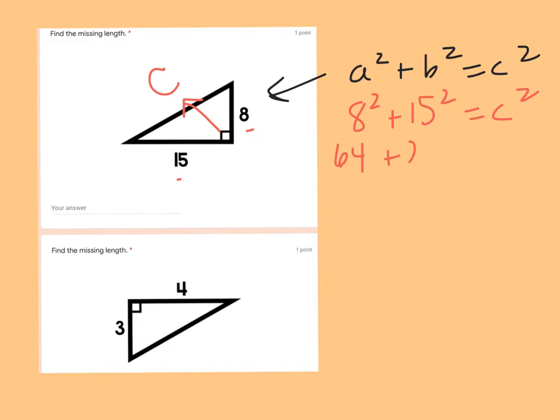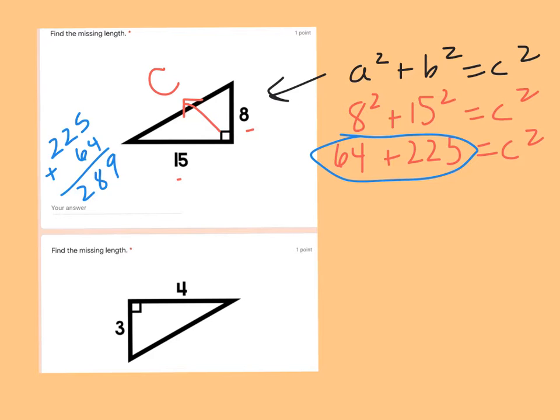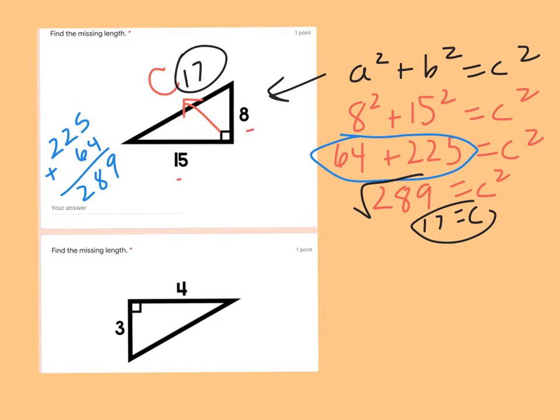And 15 squared is 225. And then you would add that together. So that adds up to 289. And then the final step was to take the square root of 289, which is 17. So 17 is c for our first warm-up problem.